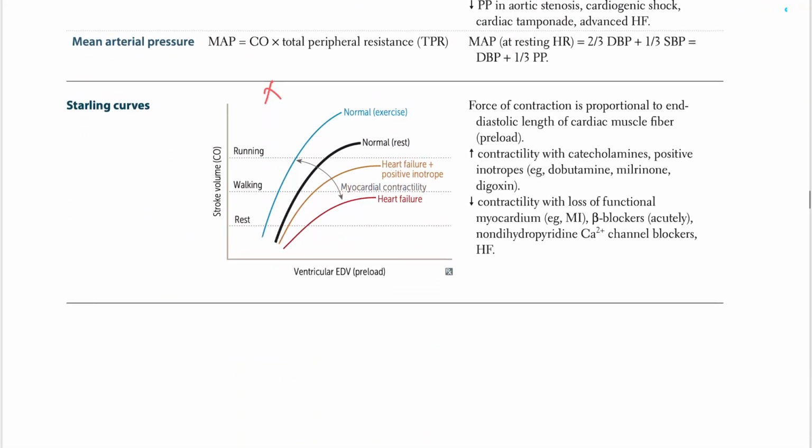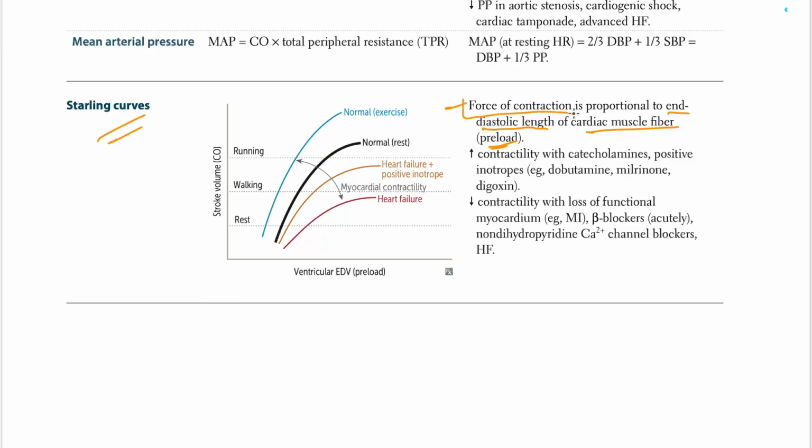Moving on with this Starling curve. What do we have for this? Starling curve, very high yield. It talks about force of contraction being proportional to the end diastolic length of cardiac muscle fiber, which is the preload. So what are they trying to say?